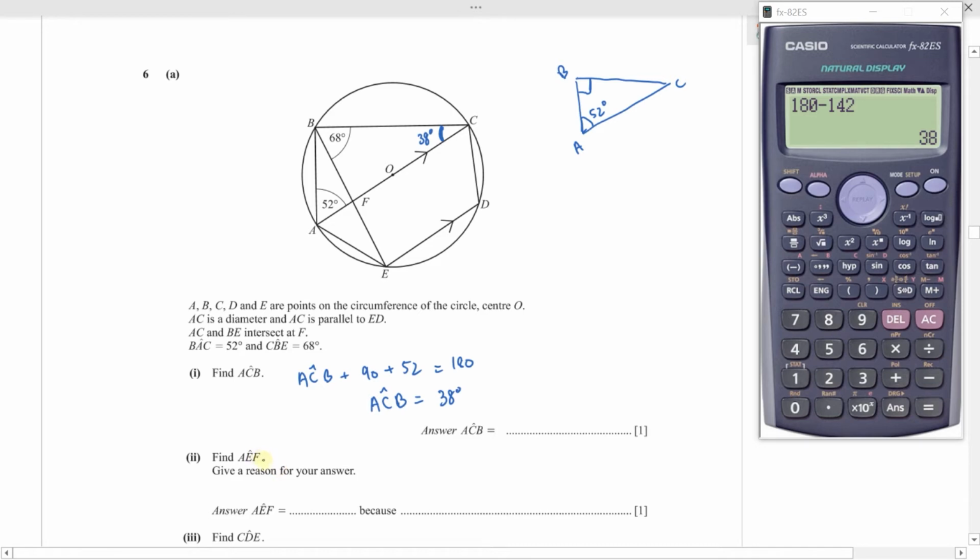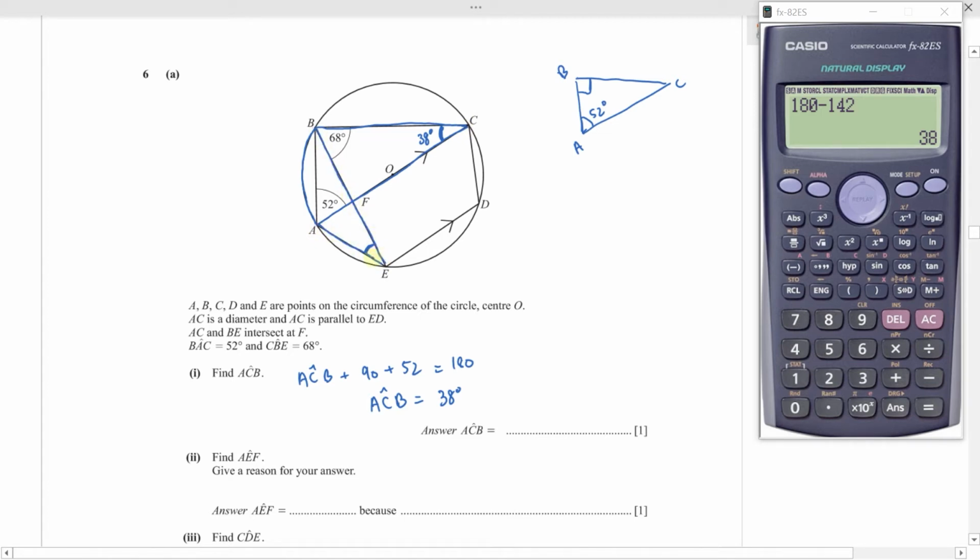Part 2 is find angle AEF. Give a reason for your answer. So angle AEF is this angle here. So now if you look at angle ACB and angle AEF, they are angles in the same segment because they are subtended by this same arc. So this arc forms this angle at the circumference, and this also forms this angle here at the circumference.